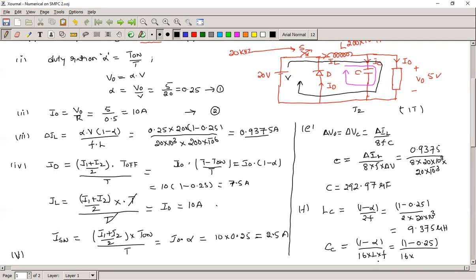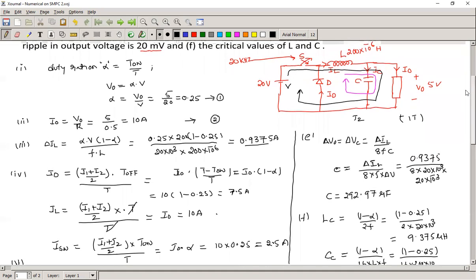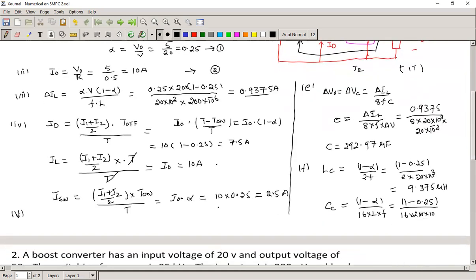How much L is given here? 200 into 10 to the minus 6, into F, 20 into 10 cube.